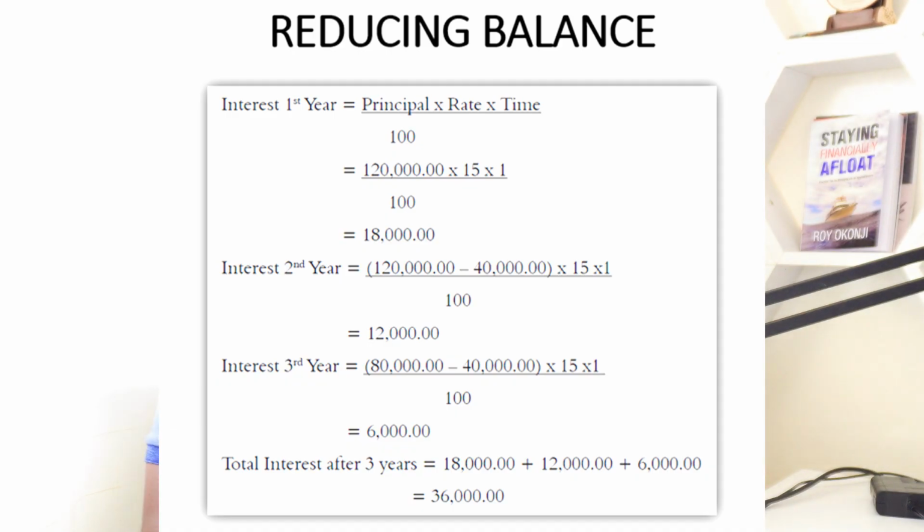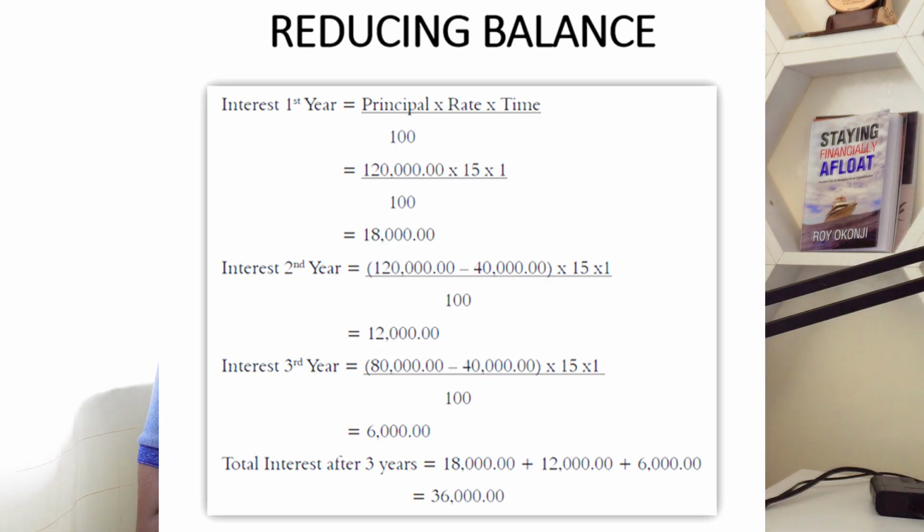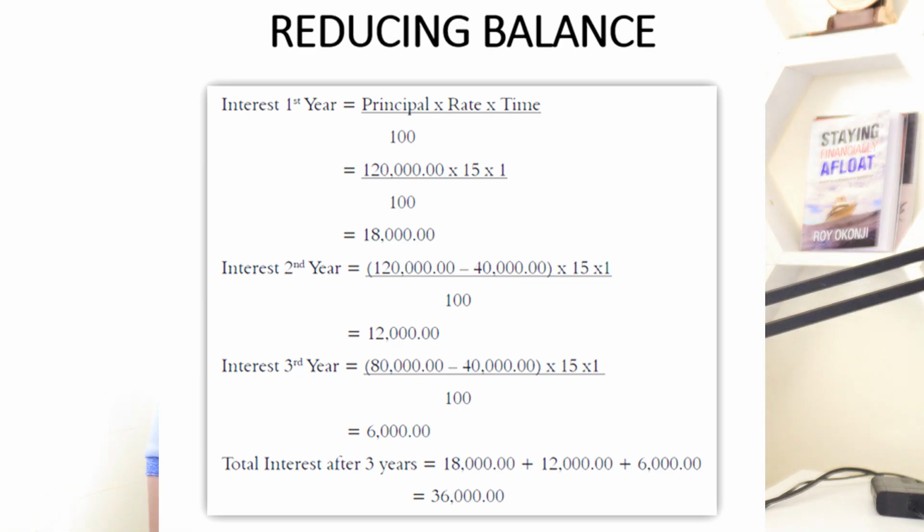If we use this example, let me bring this other screen, assuming the same parameters we have used apply, then for year 1 we will use principal times rate times time, the principal being the original 120,000, which will give us 18,000 shillings for year 1. So in both cases, for year 1, 18,000 shillings.